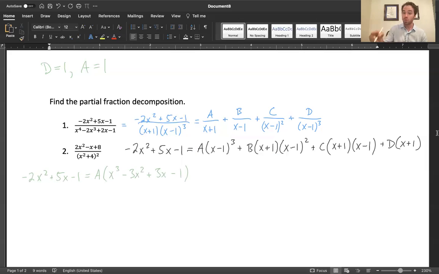Here I'm just using how to expand out a binomial using Pascal's triangle, plus b times x plus 1 times x minus 2x plus 1 plus c times x squared minus 1, that's convenient, plus d times x plus 1.